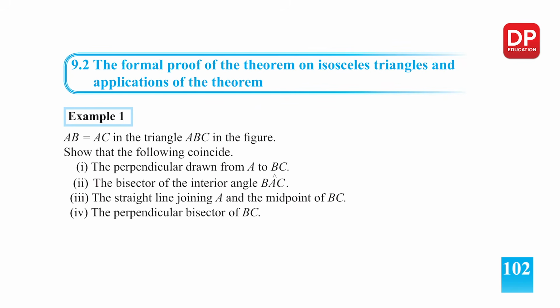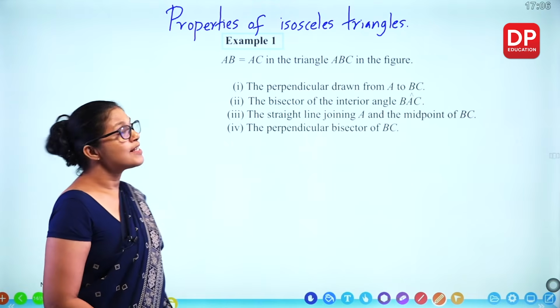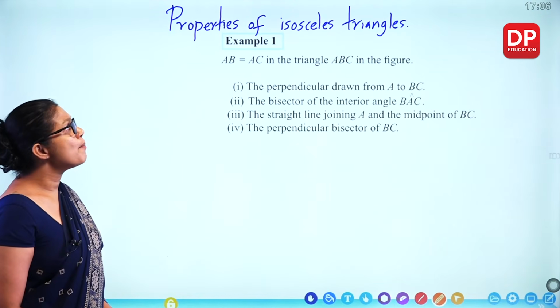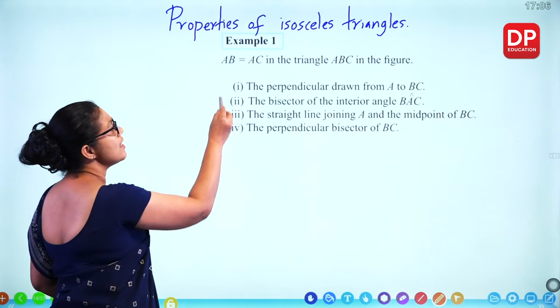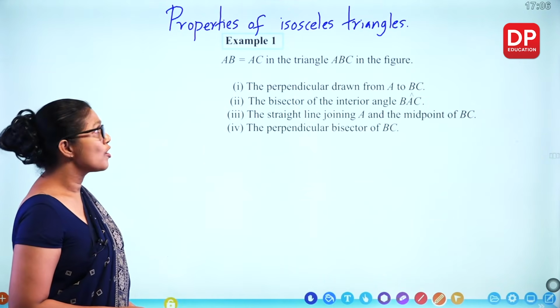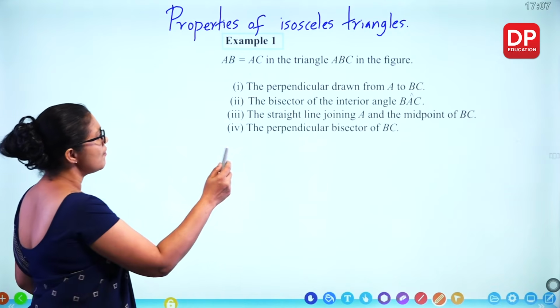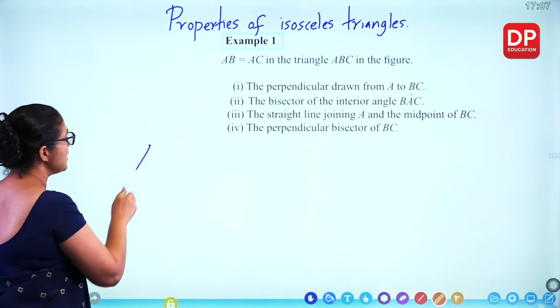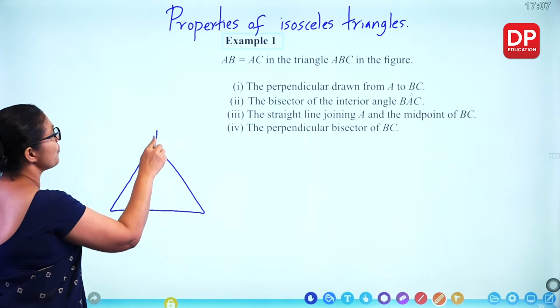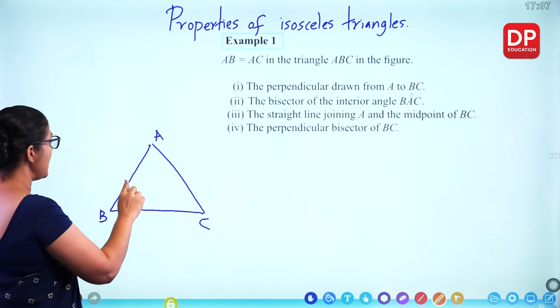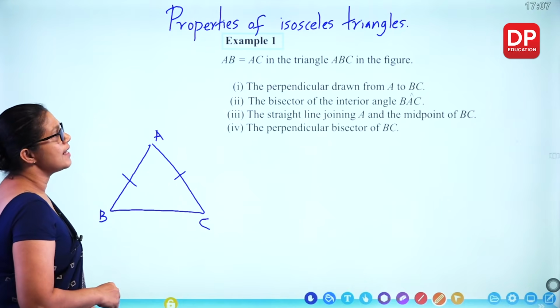Now we'll look at what the properties of isosceles triangles are. In your textbook, example 1 is mentioning all 4 properties. So now we'll see what the properties are. Here we'll take triangle ABC, and it says AB and AC lengths are equal.